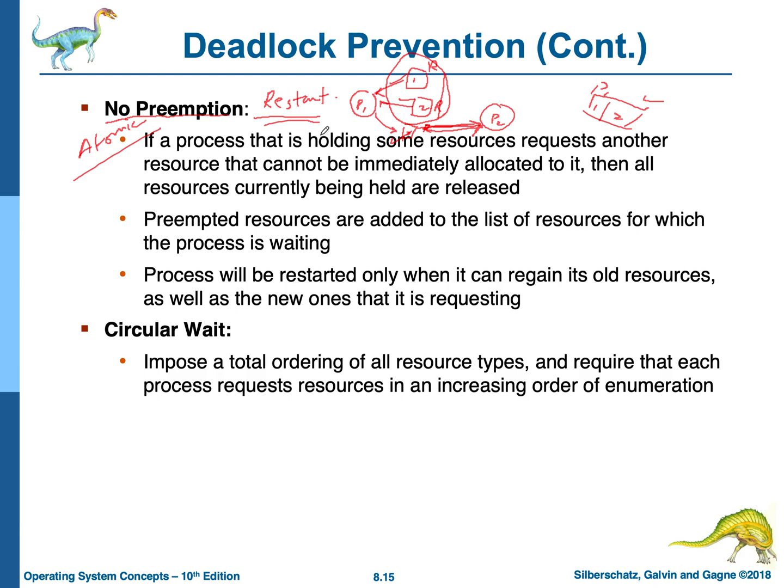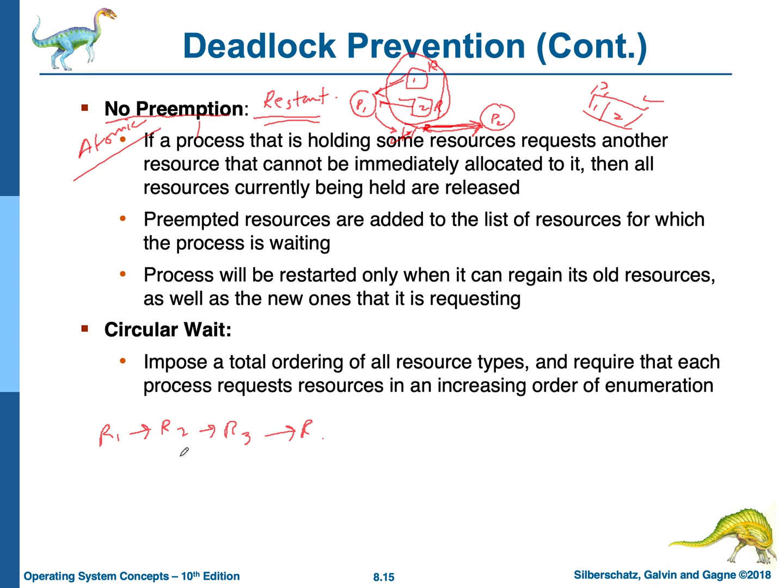Okay, and the fourth condition is the circular wait. We impose a total ordering of resource types and require that each process requests resources in increasing order. Now, for example, if we have resources like R1 and R2 and R3 and R4, right?